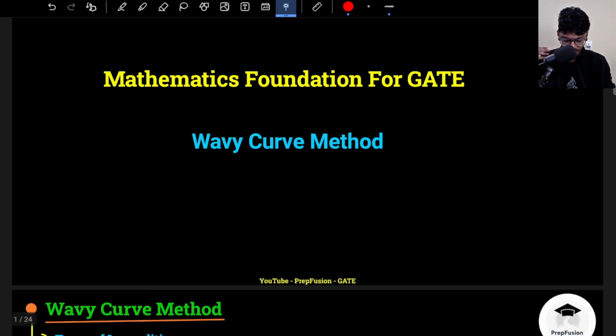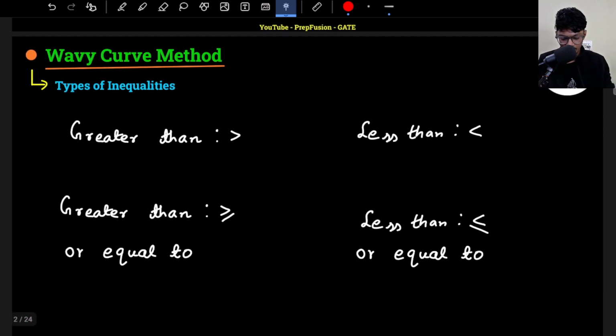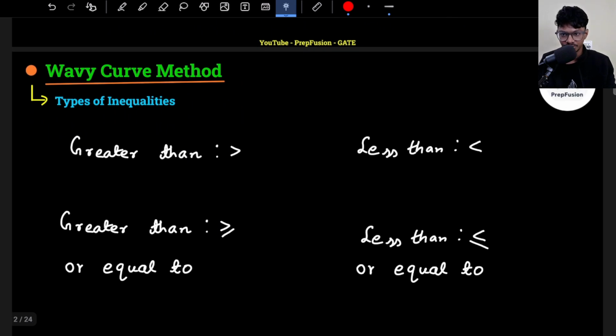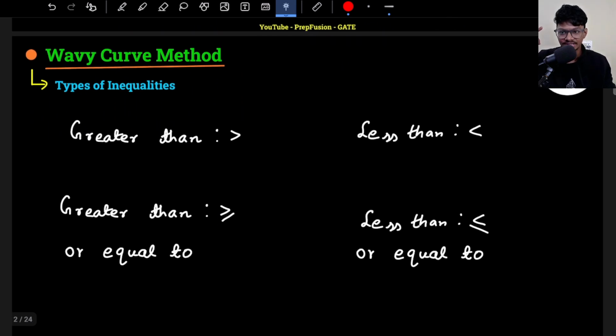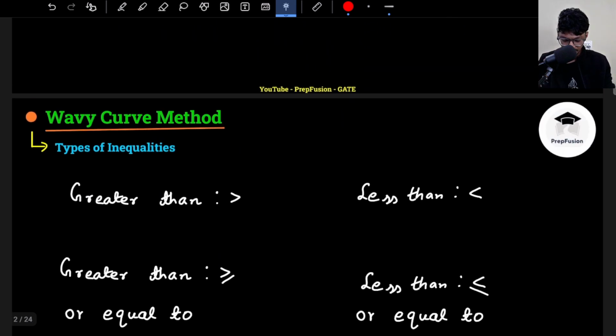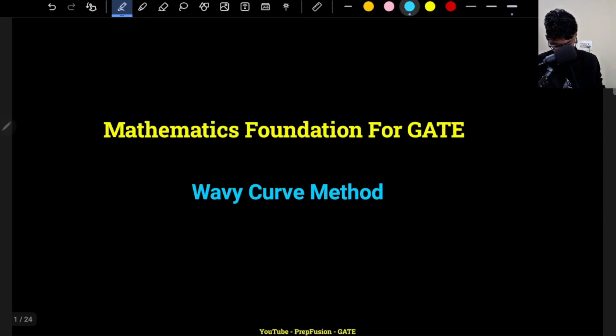Okay, so we will study the wavy curve method. So what is basically the wavy curve method? It is mainly used to solve inequalities. I hope you know what inequalities are.